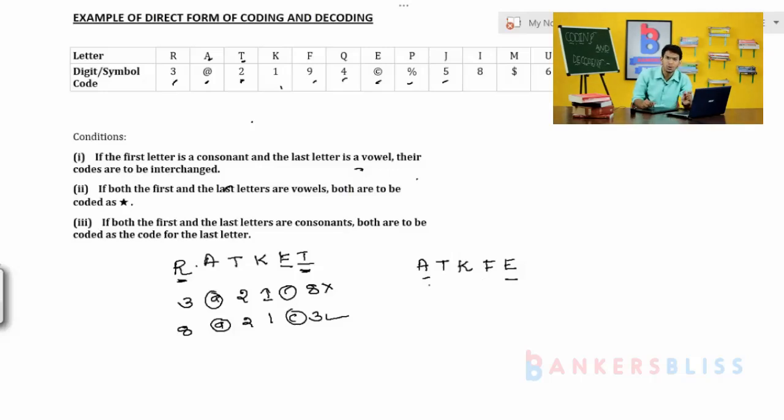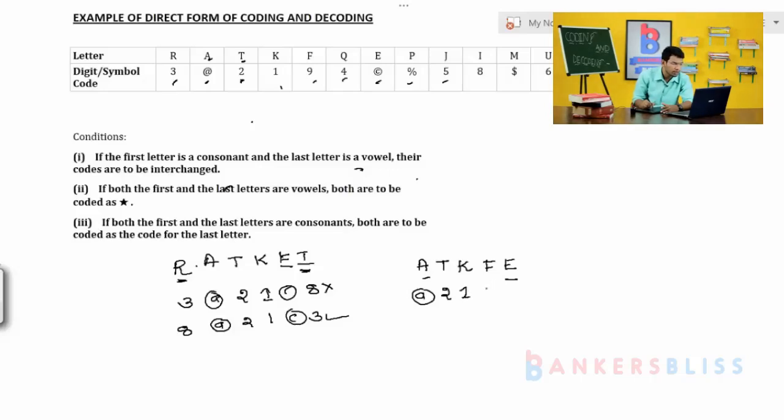But before coding the star, you just write it as it is in the direct form, because you have to do the problem with 100% accuracy. What is the code for A? Again, that is @. What is T? That is 2. And what is K? That is 1.